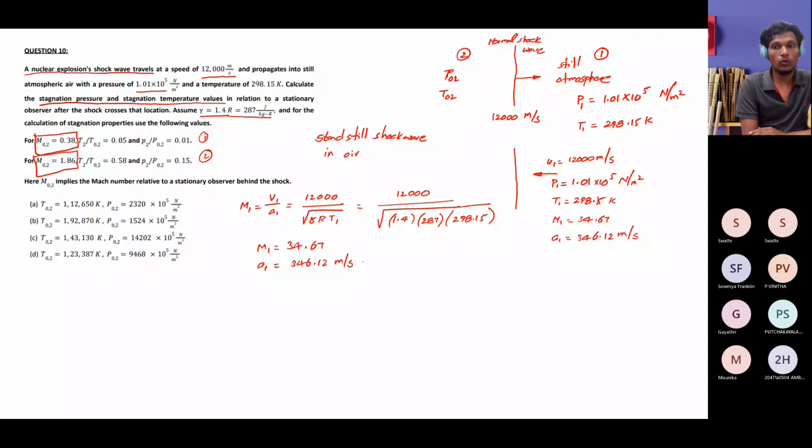Using the normal shockwave relations, now we can find the M2 and the corresponding velocity U2 behind this normal shockwave.